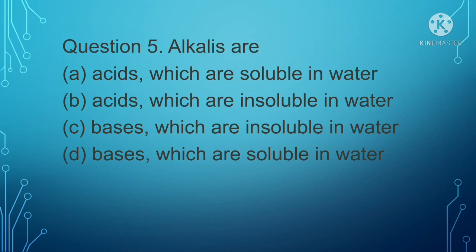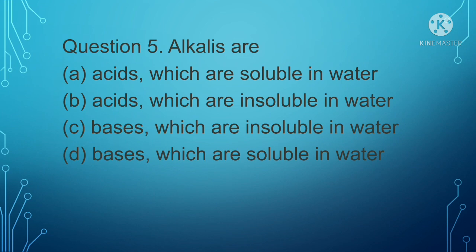Question number 5, alkalis are: option A, acids which are soluble in water; option B, acids which are insoluble in water; option C, bases which are insoluble in water; option D, bases which are soluble in water.